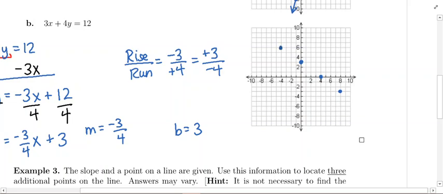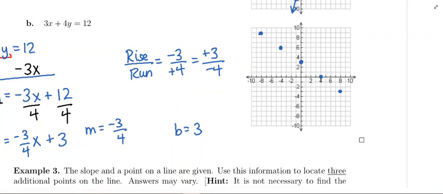That'll bring you to negative 4, 6. You could do it again, up 3, left 4. That brings you right here. Actually, let me make sure I counted that right. 1, 2, 3, 1, 2, 3, 4. Yes. So that's how you can generate points in either direction.